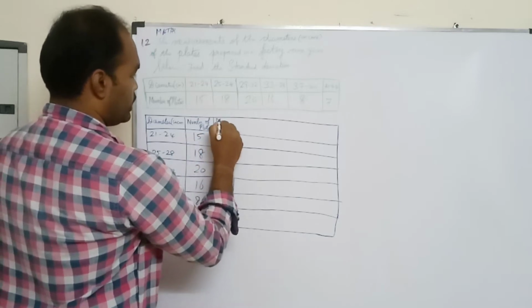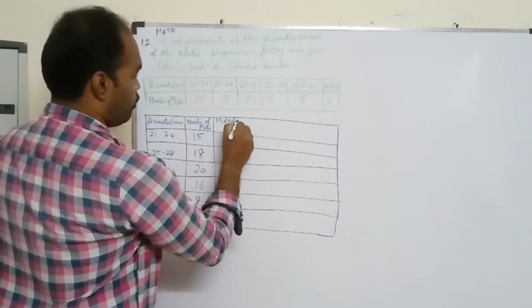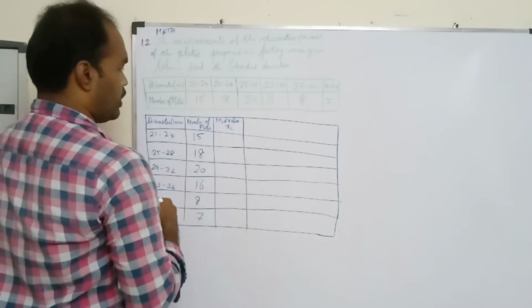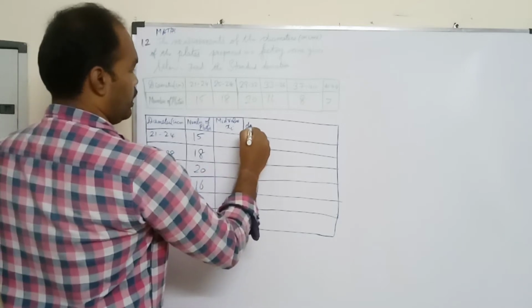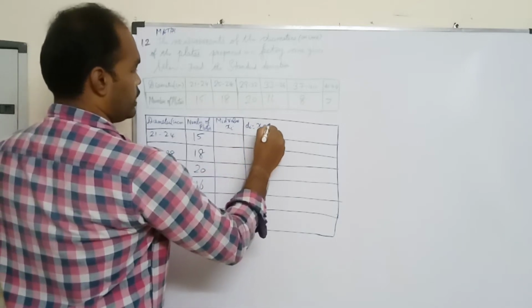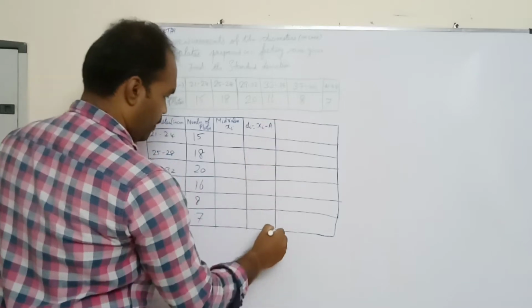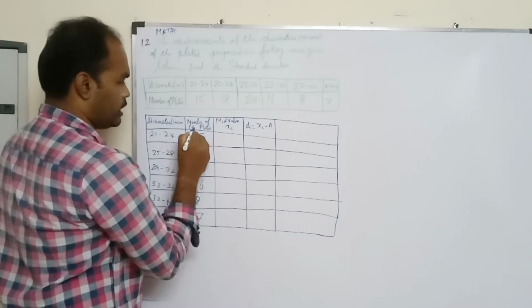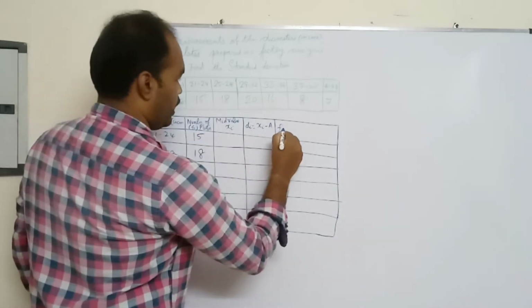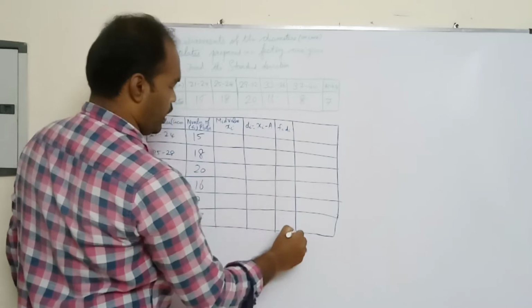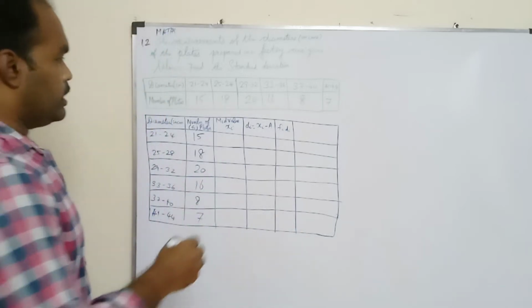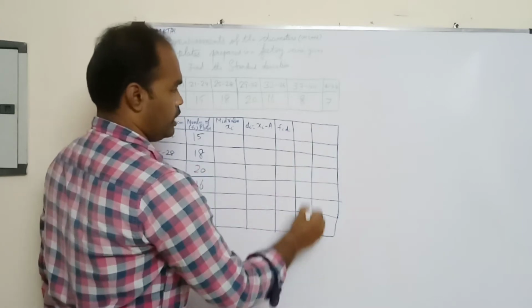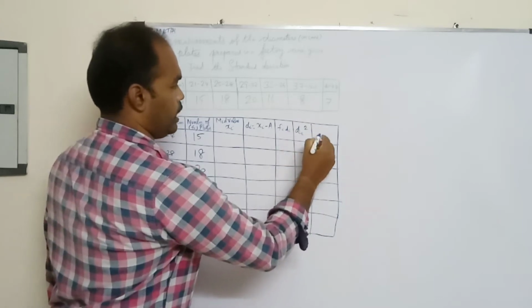Next is the mid value, we need to find it out. Then after that we need to find the di value. di value is xi minus a. The number of plates is considered as fi. Then fi di, and before finding fi di square, we need to find di square.